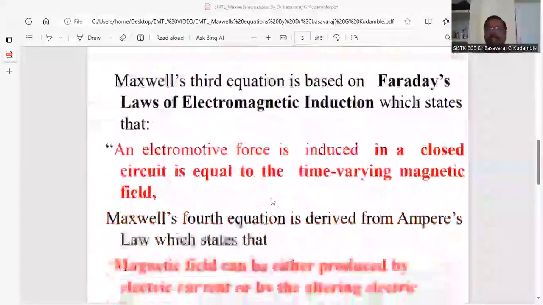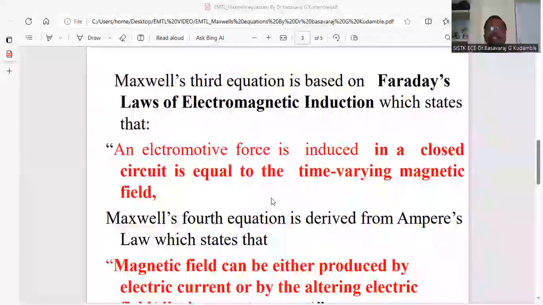Then Maxwell's third equation is given by Faraday's law of electromagnetic induction. As we have discussed earlier, if a current flows through a conductor, then magnetic fields are produced around the conductor.